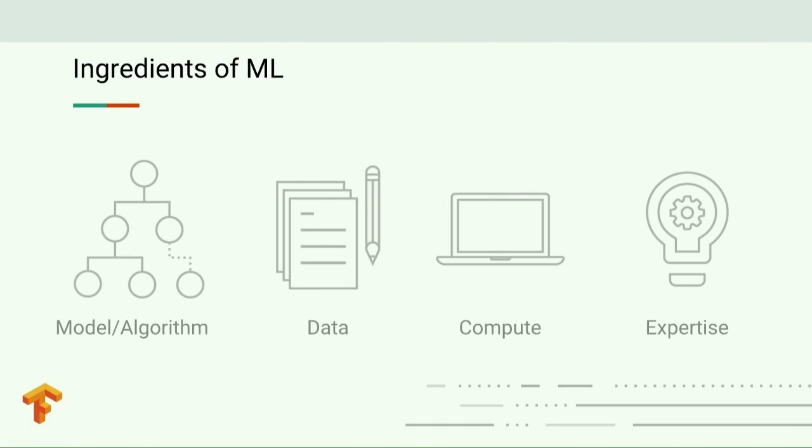And you need modeling expertise, people who can look at what the learner is learning, whether the learning is going in the right direction, and what kind of tweaking you need to do to make it go in the right direction. That is a lot of components to get your hands around, especially if you are just starting out on machine learning.